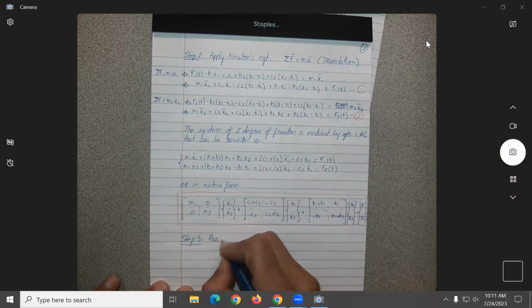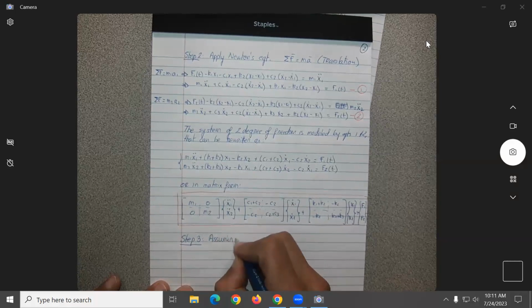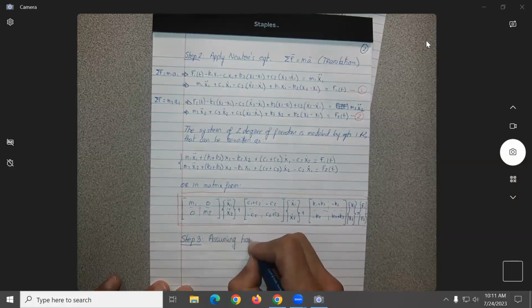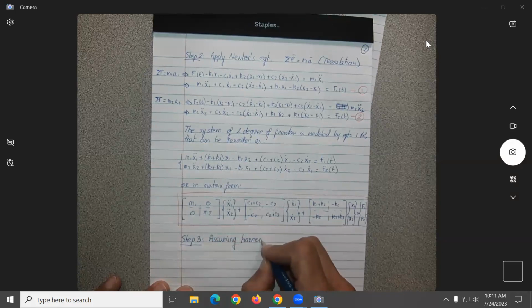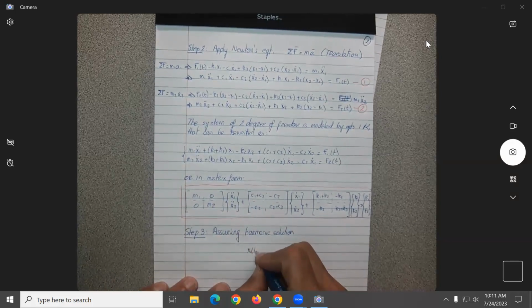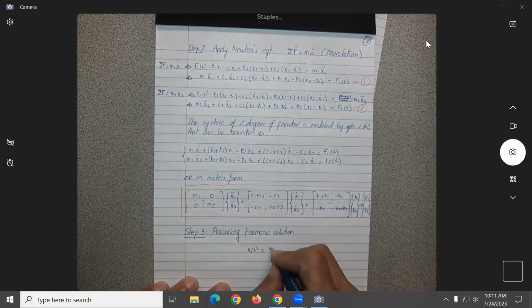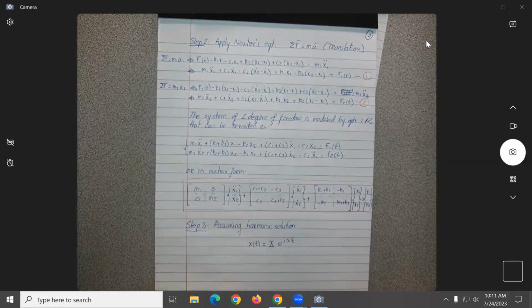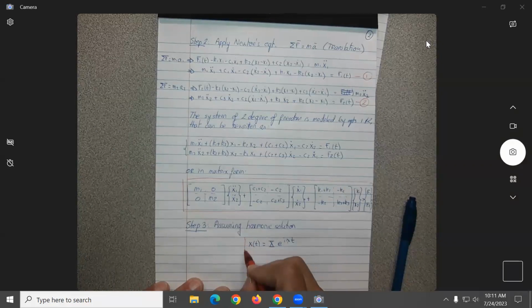Yeah, nothing's going to change. Assuming harmonic solution. So basically, what was the general form of our harmonic solution? Was X equal to capital X e^(iλt), no? Okay, but in this case, this is the assumed solution.